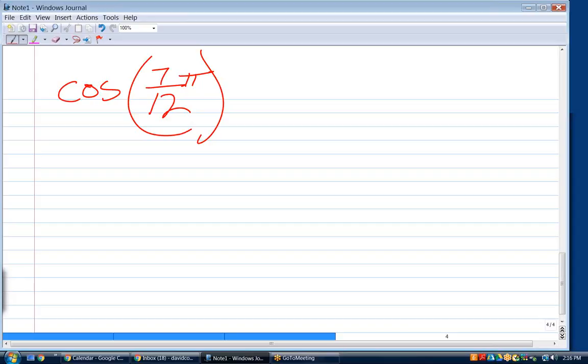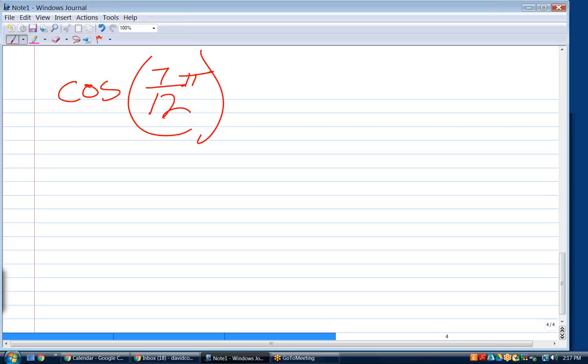When I went to high school, we had to use a textbook, and they had tables in the back. And that's where you got your trig functions from. But this is not a 30, 45, 60, 90, or any of those common ones. So this angle, I don't know right off the get-go what the cosine of that angle is. I don't have any reference triangles that I can access.